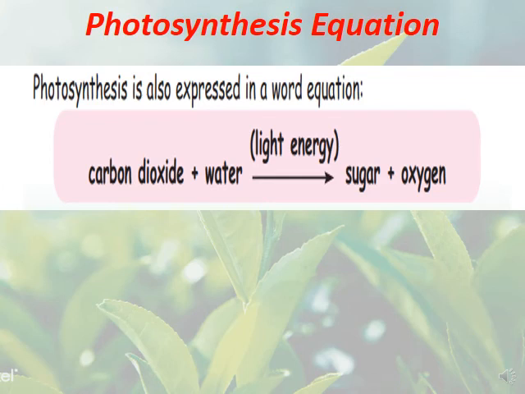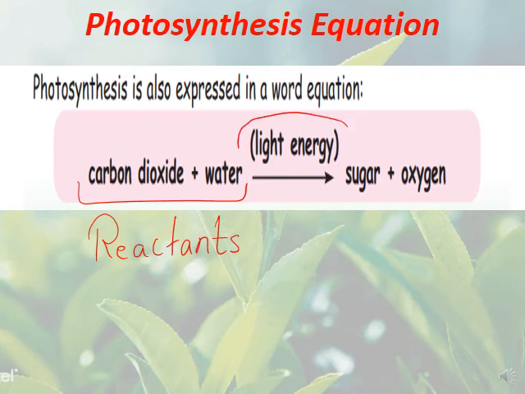Here is the word equation. If I ask you for the word equation for photosynthesis: carbon dioxide plus water, these two are called the reactants. They react together in the presence of light energy. So you have to write this in the word equation. In the presence of light energy, it gives sugar and oxygen.